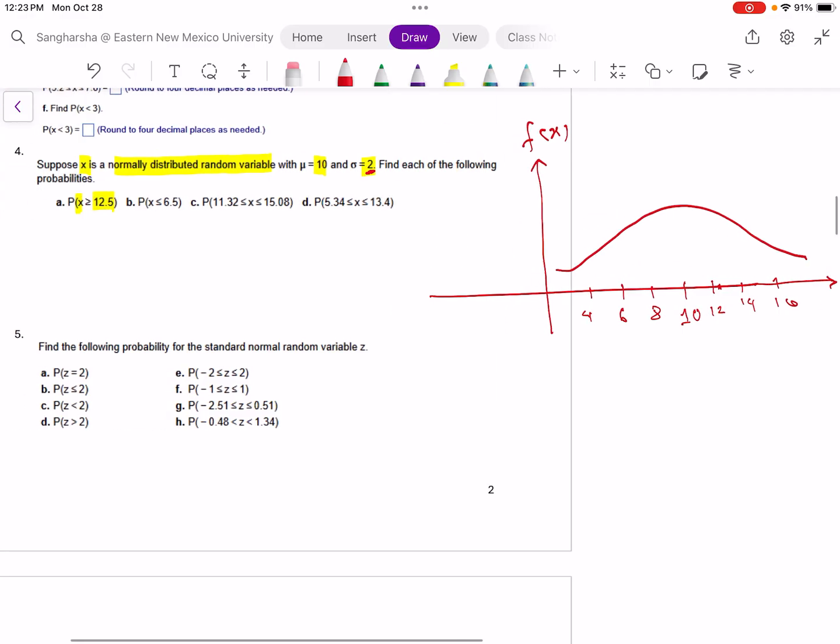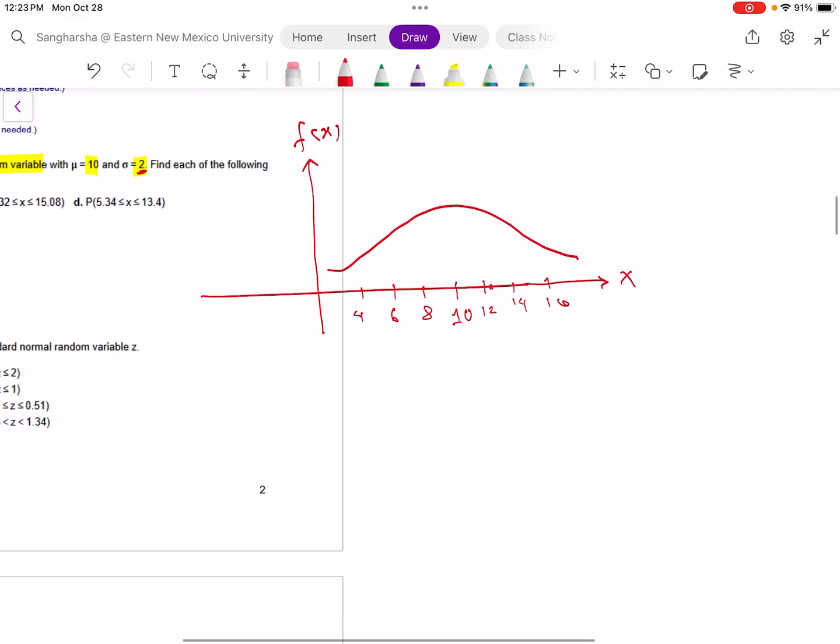It's a greater than or equal to, so are we going on the right from 12.5 or left? Our graph would be starting from 12.5 all the way to the right. Finding the probability is the same as finding the area.